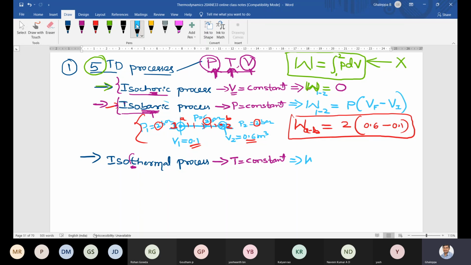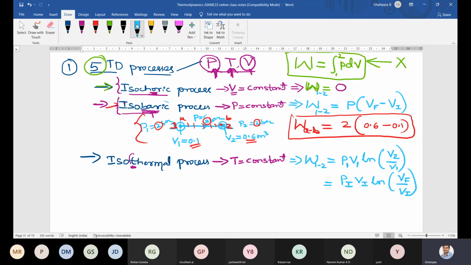Remember this equation now again: W 1 to 2 = P1 V1 ln of V2 by V1. Again, dear students, do not get confused with 1, 1, 2 and 1. So remember in general: initial pressure, initial volume, ln of final volume divided by initial volume.